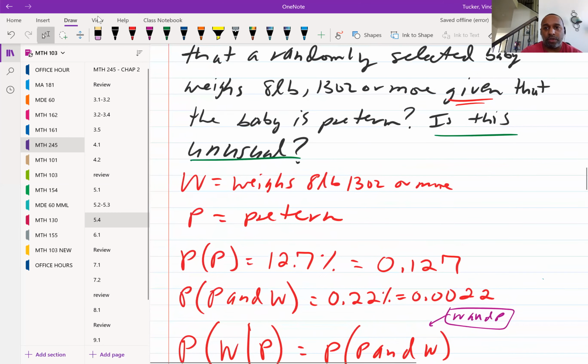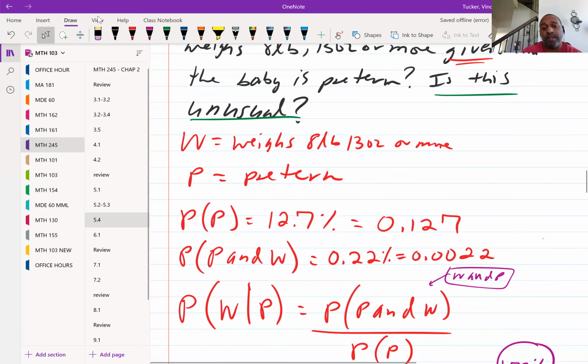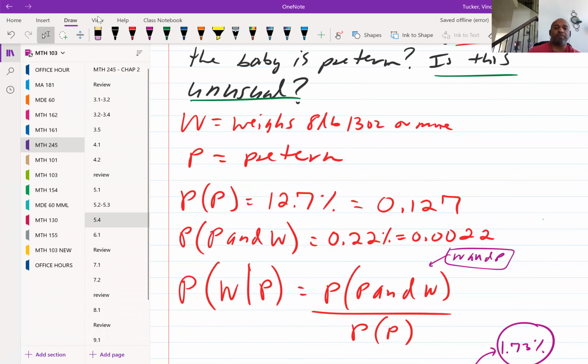And then we want to know the probability that a baby weighs 8 pounds, 13 ounces or more, given that the baby is preterm. So that's the symbolism, and that symbolism sets us up for the calculation. And here I was just emphasizing that W and P and W are the same thing.